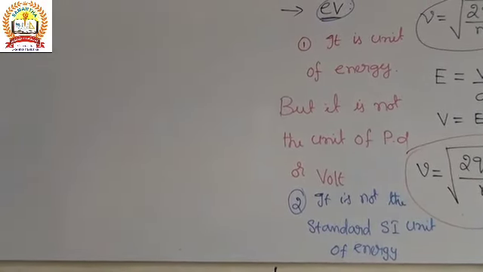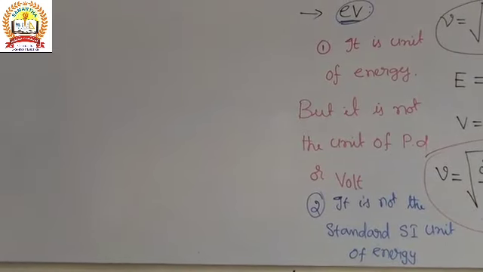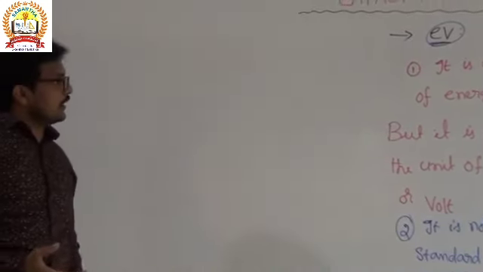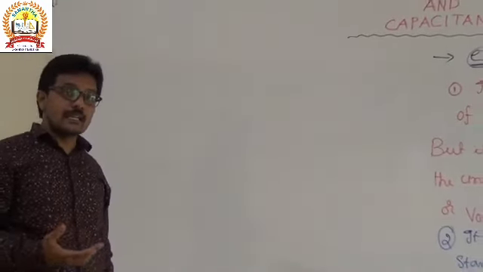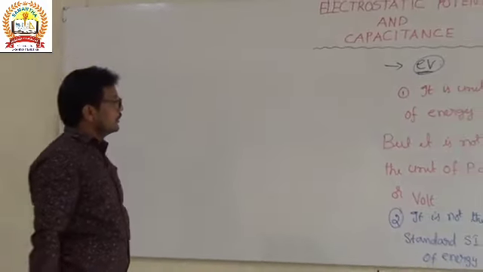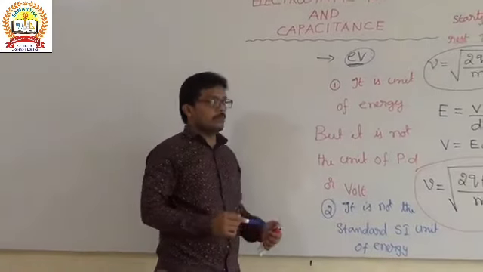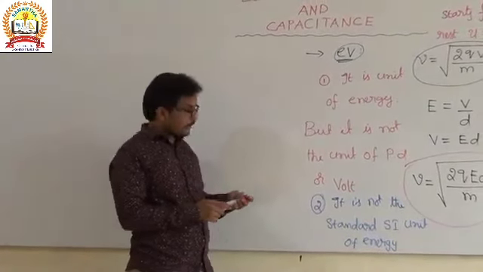And one more point: if the electron is decelerating through a potential difference of 1 volt, what does it mean?